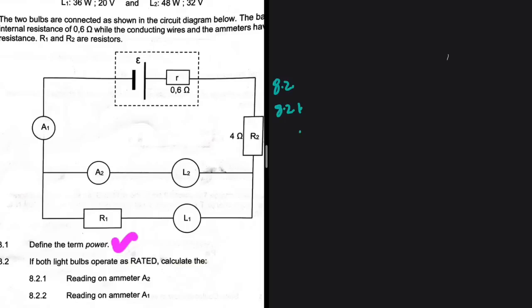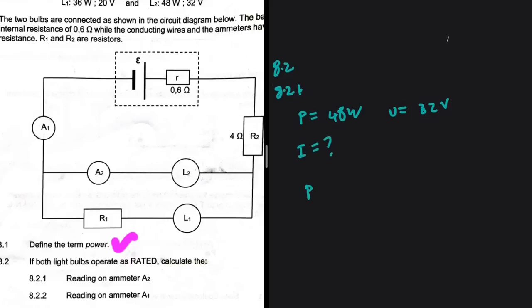So what is the power of L2? It is 48 watts. And then what is the voltage of L2? Voltage dissipated by L2, that is 32 volts. And then what we're looking for, the reading on A2, so that is the current, right? So with these three variables, how do we calculate the current?